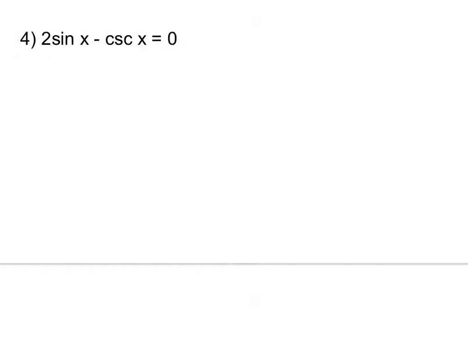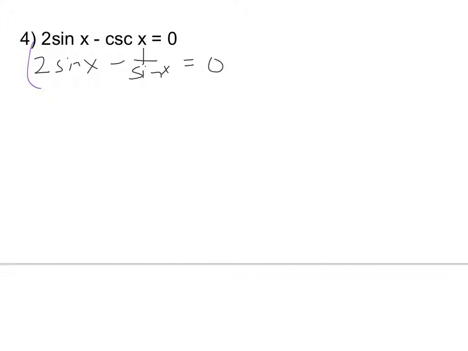And the last one. I don't see anything squared. Usually if I see something squared, I can try to use identities. I don't see that. However, I do know I can rewrite this as 2 sine x minus 1 over sine, because secant is the reciprocal, 1 over sine. Now I have all sines, but I don't want sine in the bottom.